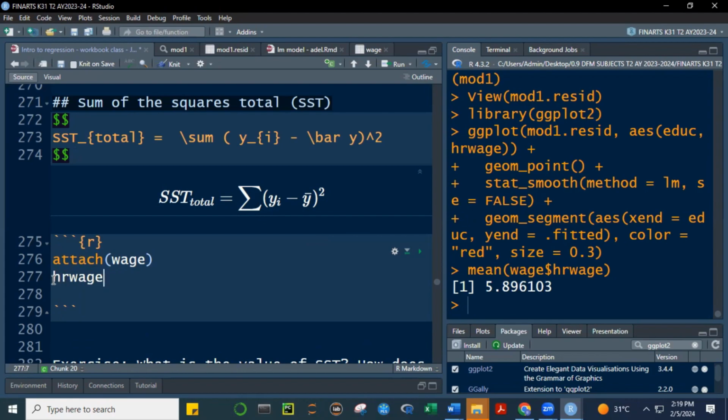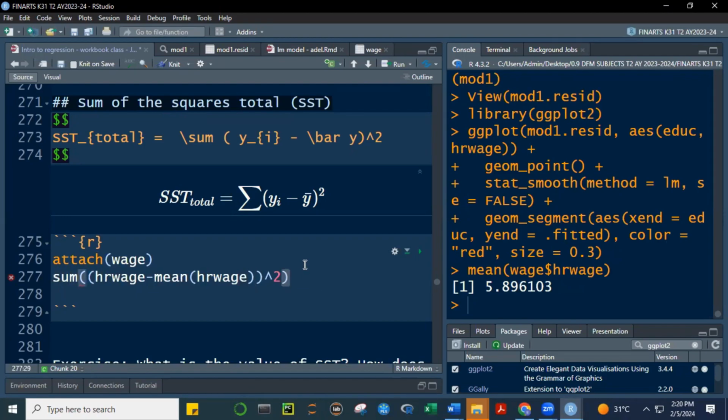So hourly wage, will this run? Yes, class, kasi naka-attach si wage. Minus the mean of hourly wage. Diba? So hourly wage minus the mean of hourly wage. And then we square this. And then we get the sum.